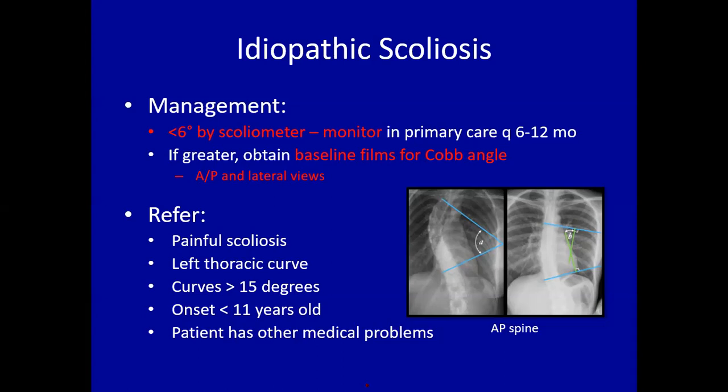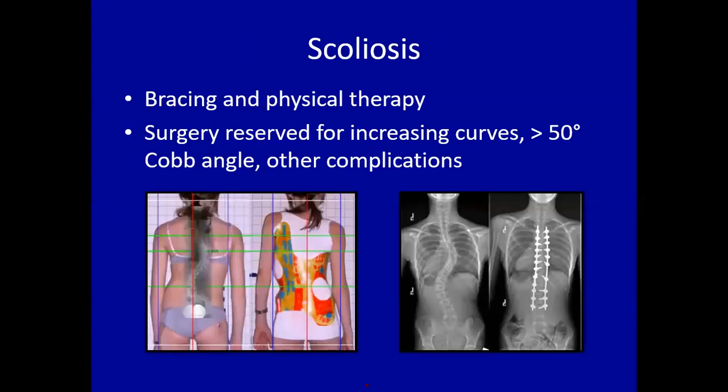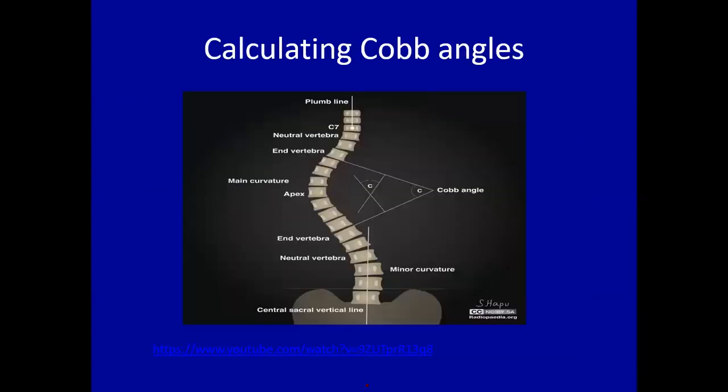You can refer if it's painful, if there's a left-sided curvature to it, if it's greater than 15 degrees, if the onset was earlier than 11 years old, or if the patient has any other medical problems. Those are the kind of red flags there. So usually if they're less than 50 degrees, we try to put them in a brace or do something else conservative. If they're greater than 50 degrees, as far as the Cobb angle is concerned, then we need to send them to an orthopedic surgeon.